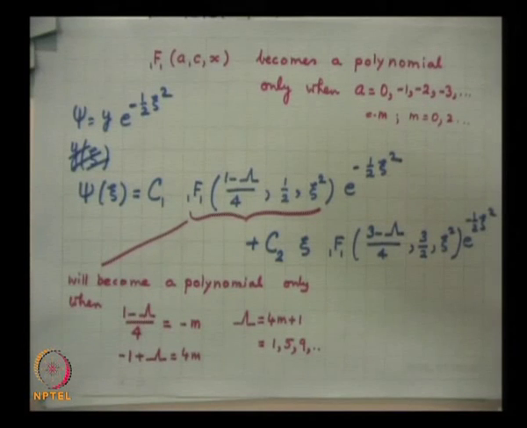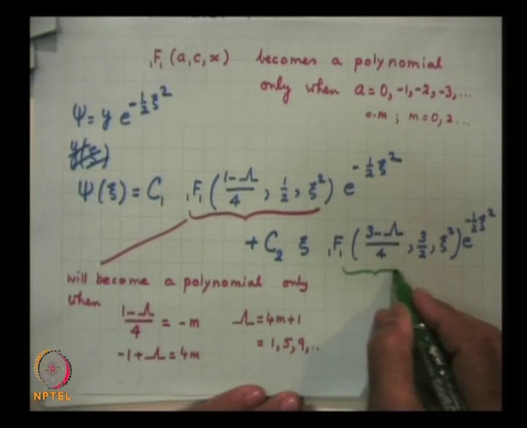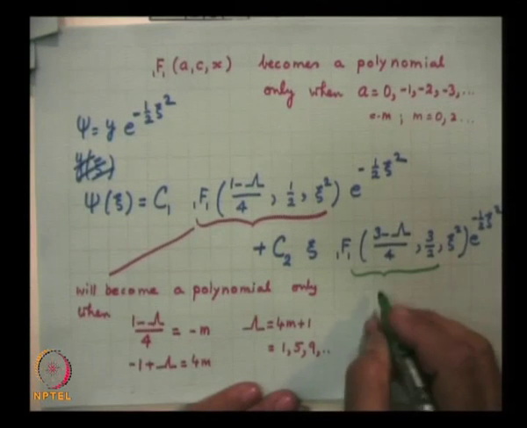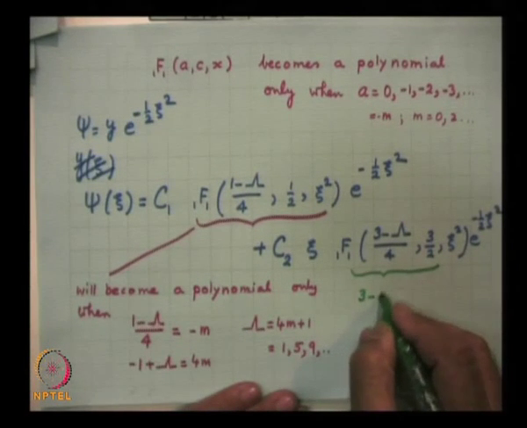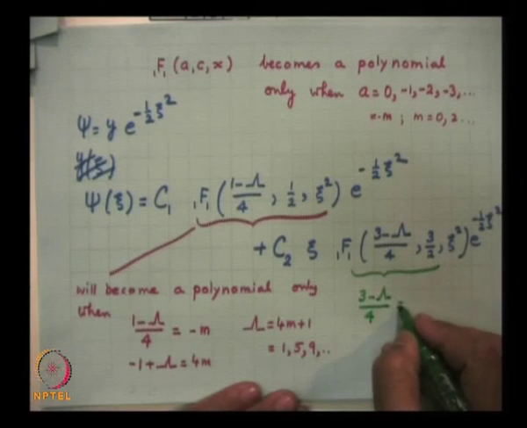Then we see that this will become a polynomial when 3 minus lambda by 4 is a negative integer.